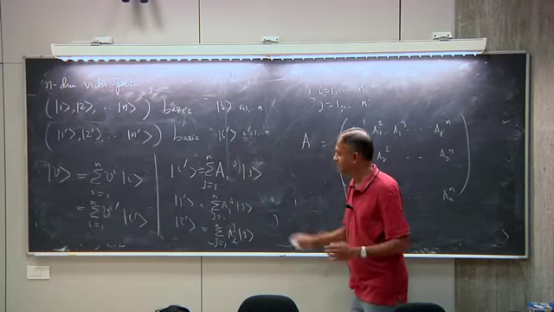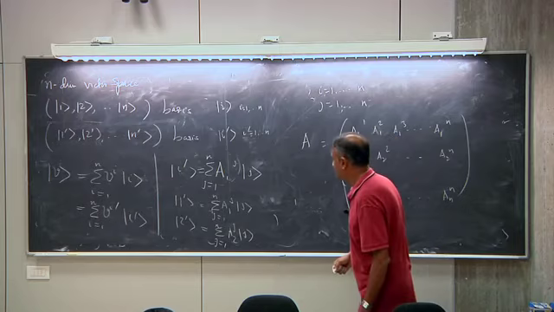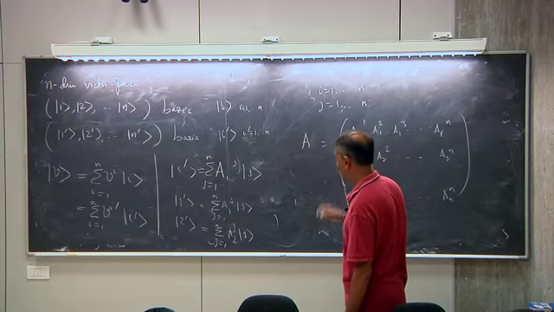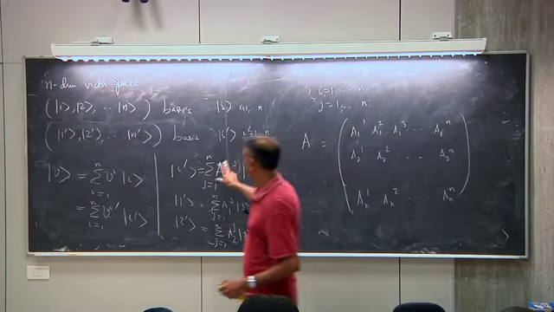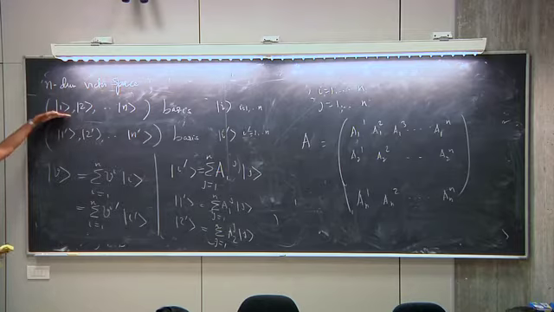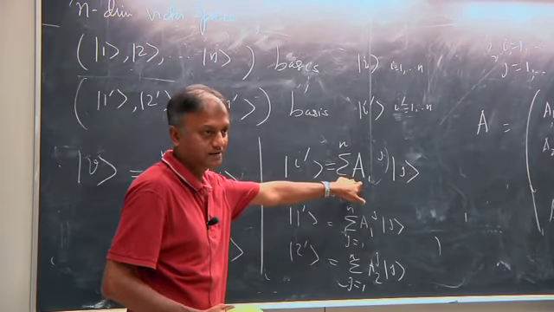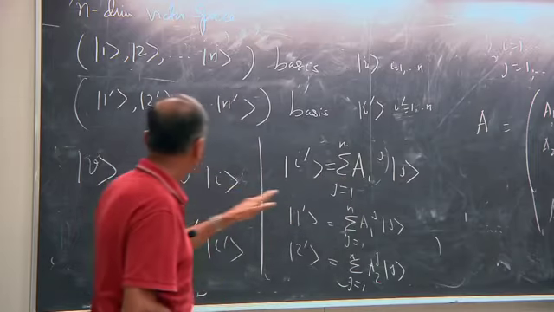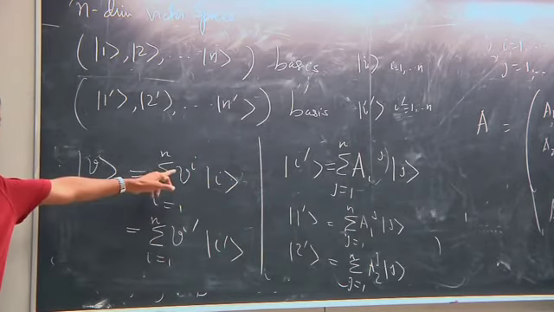Okay, so there's a matrix here. Now, given this information, what I've done is, I have this basis, you have this other basis, and I've expanded your basis vectors in terms of my basis vectors, and that defines this matrix A. Now, given this matrix A, I can immediately relate v prime to v.